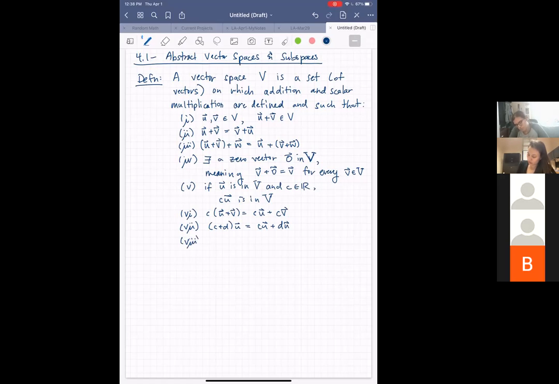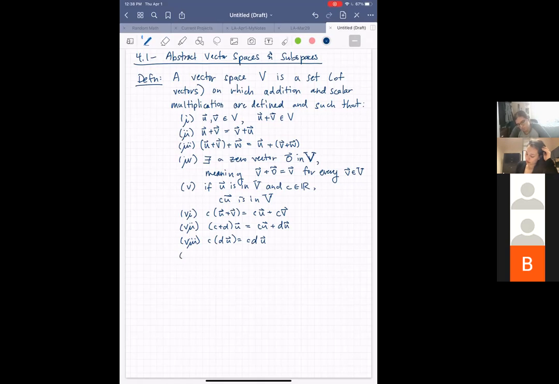And we have that multiplying a vector by two scalars is the same as multiplying the two scalars together and then multiplying the vector by that.